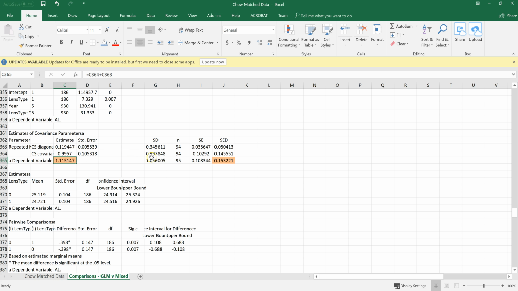And then we calculate the square root of that total to get the standard deviation.